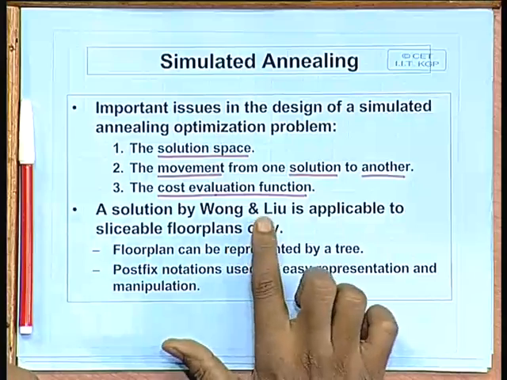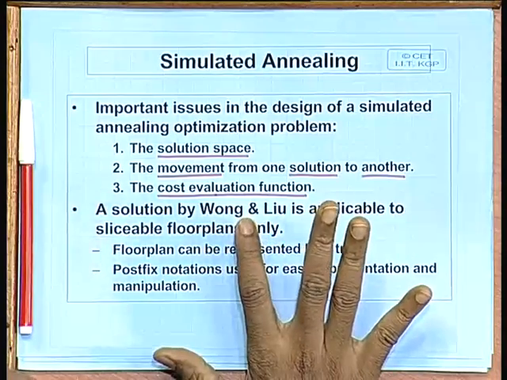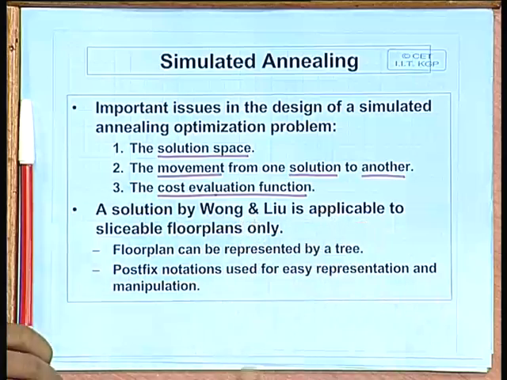Now here we had seen earlier that for a floor plan we can have a slicing tree structure to represent the floor plan. Well, the method we are discussing right now is applicable only to sliceable floor plan, but it can be extended to include also the wheel structure. Right now we are assuming that it is a purely sliceable floor plan. So, the floor plan can be split only using horizontal and vertical slices, and you have a corresponding slicing tree.